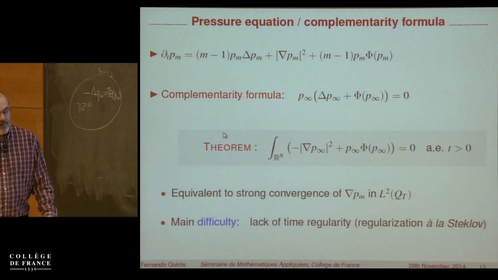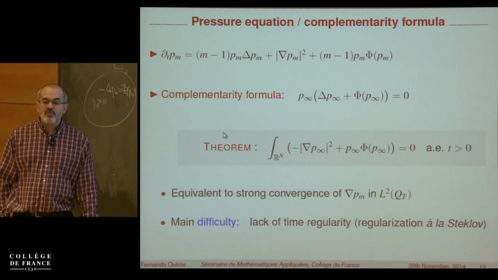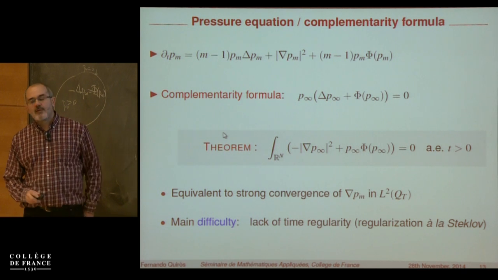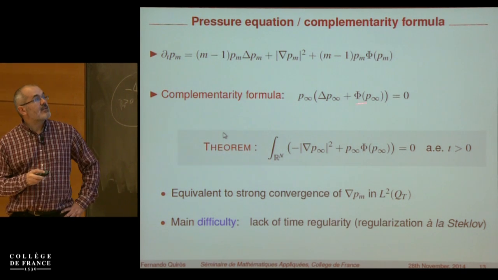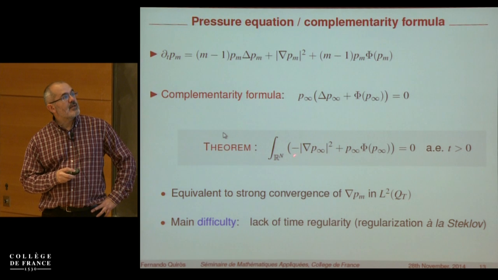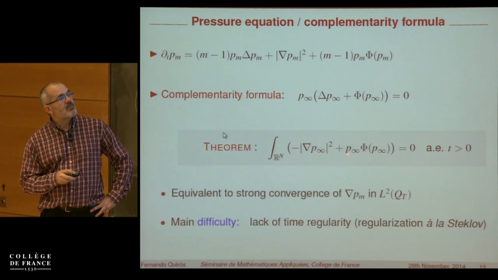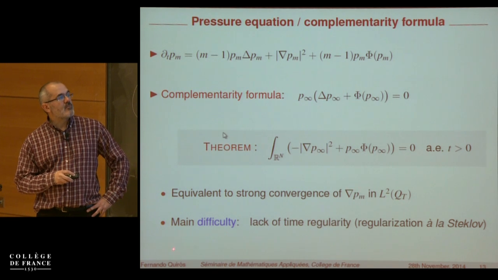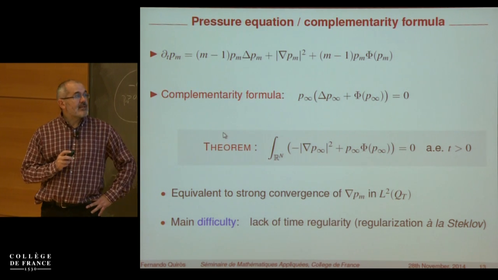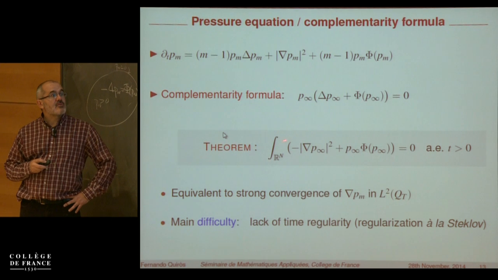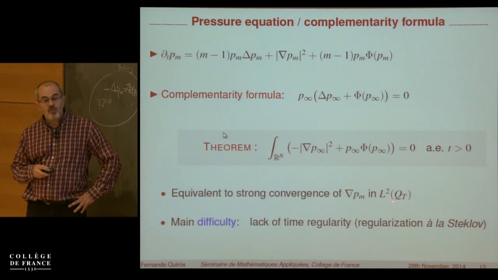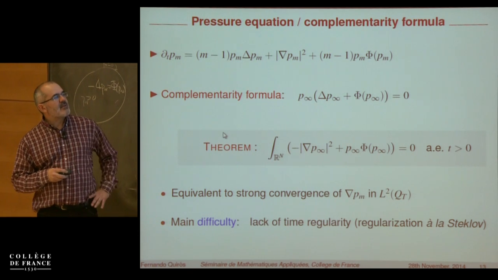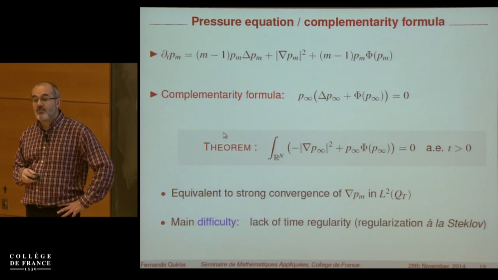And in this we can improve. We can indeed prove this in an H1 sense. In fact, what we get is that the integral of minus the gradient of p infinity squared plus p infinity times phi of p equals 0 for almost every t. But let me tell you that proving this is equivalent to proving the strong convergence of the gradients in L2. And let me also point out, and I will talk about this, that the main difficulty is the lack of time regularity.